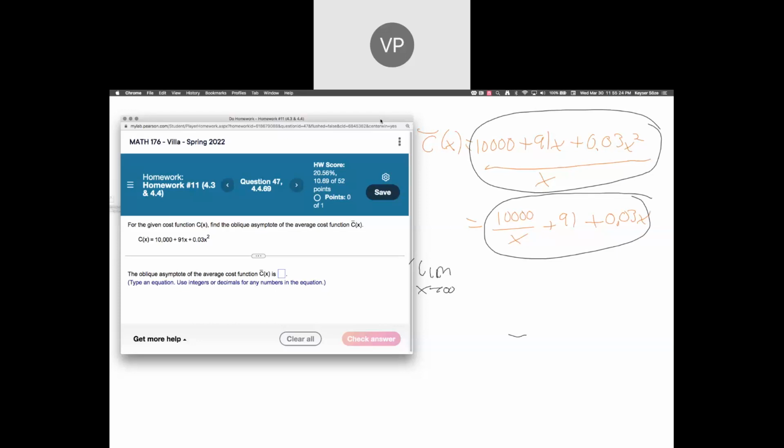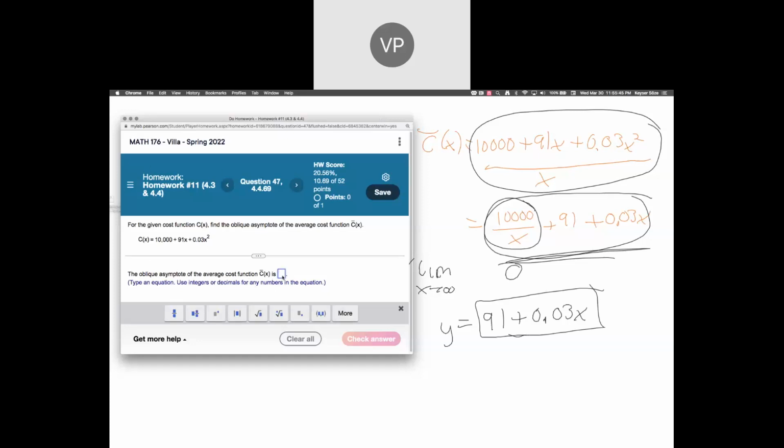And once you have it broken down into this form right here, anything that has an x on the bottom, that thing is a big zero. So for my oblique, it's going to be y equals 91 plus 0.03x. That's it right there. Okay? So the oblique for the average cost function is going to be that, I hope.